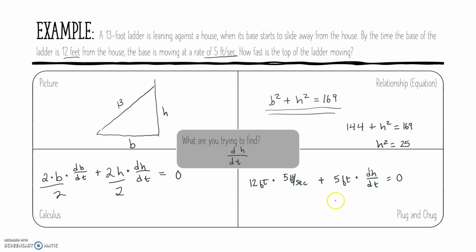So if we subtract 60 and then divide by 5, well, 5 times dh dt equals 60. And so dh dt equals 12. And that would be measured in feet per second.